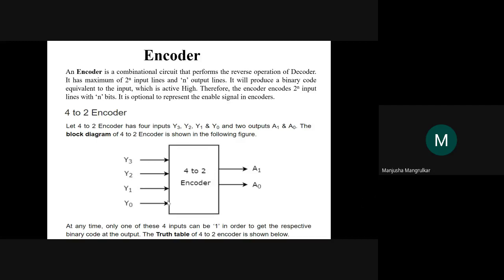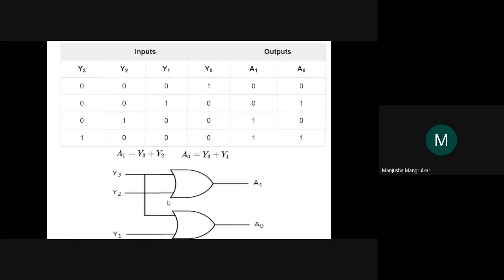Suppose all the lines are 1. We'll see the truth table. Now these are all the input lines: y0, y1, y2, y3. If y0 is 1, that means a1 and a0 are 0, 0.